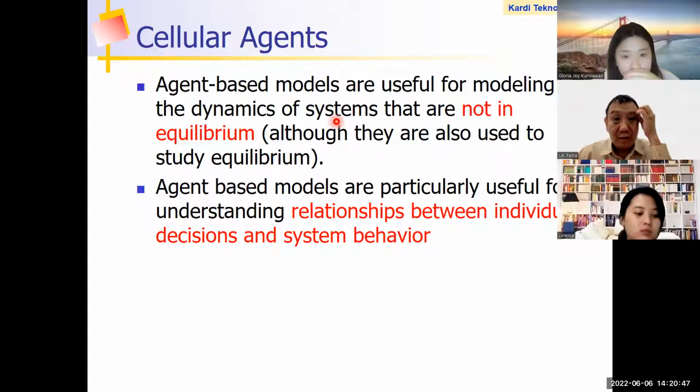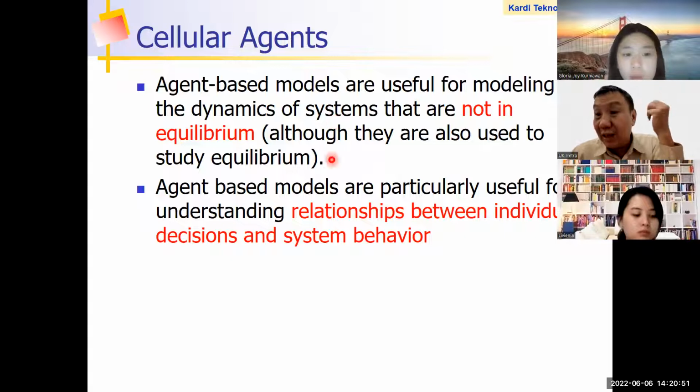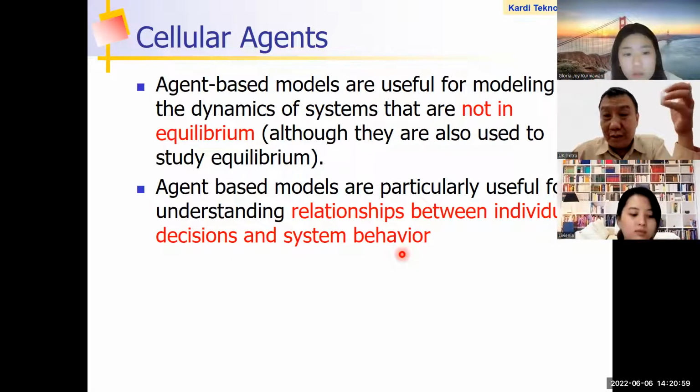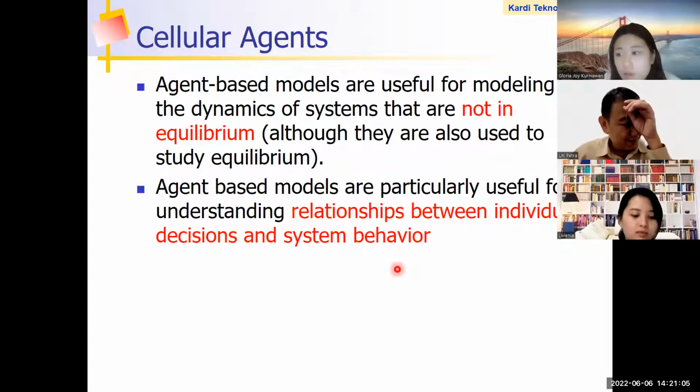Okay, so you start to create agents based on CA. In fact, if you want to do a CA using a multi-agent system, you can download a program. I forgot the name.